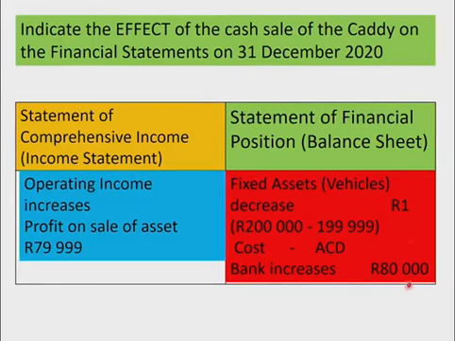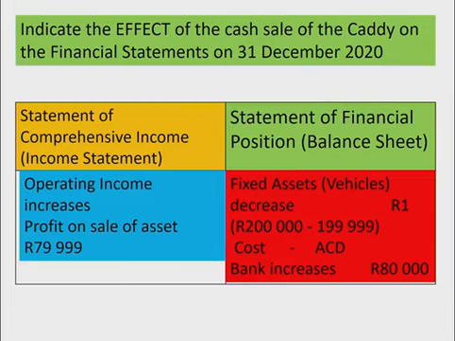So it's plus 80 minus the 1, and then it gives me 79,999. Just remember, there is a third financial statement, but all they want in this case, they just want us to record the effect on the statement of comprehensive income and the statement of financial position, formerly called the income statement and the balance sheet.